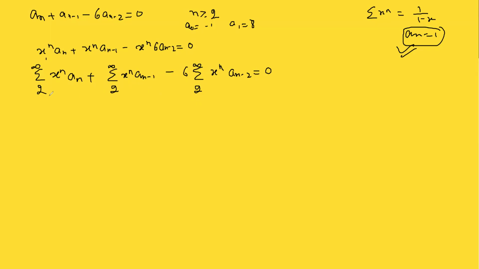Now see, it starts from 2, right? Here n is there, here n minus 1, here n minus 2 is there. So problem is there, right? So what you can do?